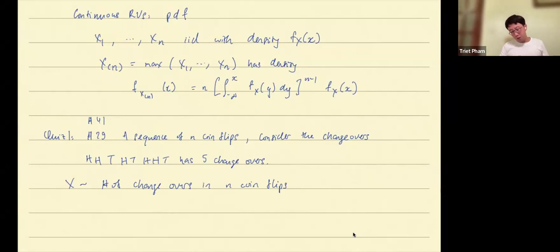And you're trying to work out the distribution of X.